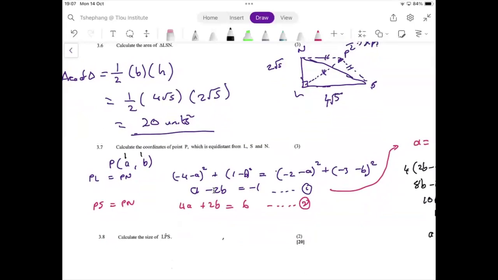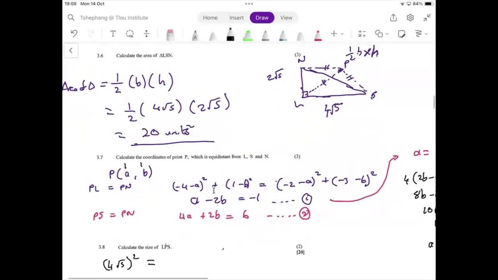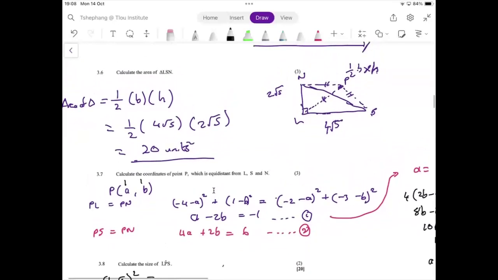I'm going to use the cosine rule. So I will say that 4 root 5 all squared is equal to this distance.